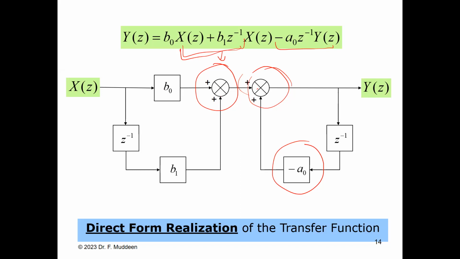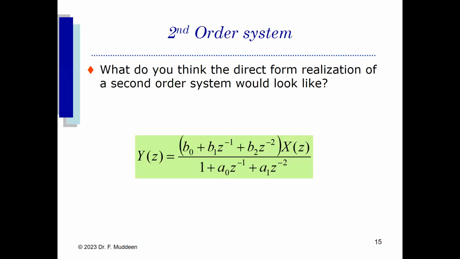Yes, sir. Right. So a second order system, you have a second order system. So a second order system means that the highest order in the transfer function on the numerator and denominator, right, is going to be 2. So how do you draw that out now? Same thing.